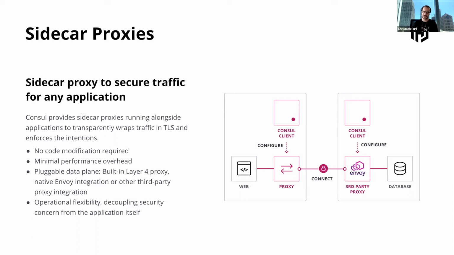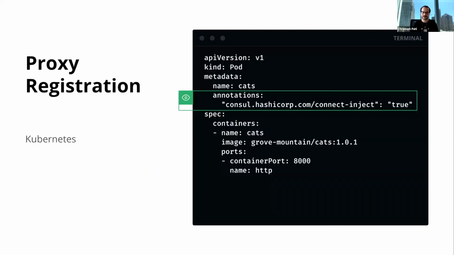And on top of that, it would also take care of automatically encrypting the service-to-service traffic. For Kubernetes, as we will see later on, this sidecar proxy can be completely automatically injected by a mutating webhook, which we're providing.